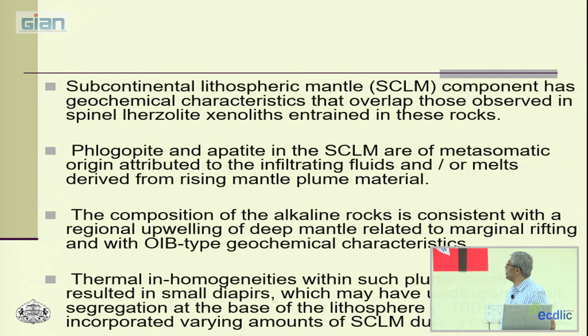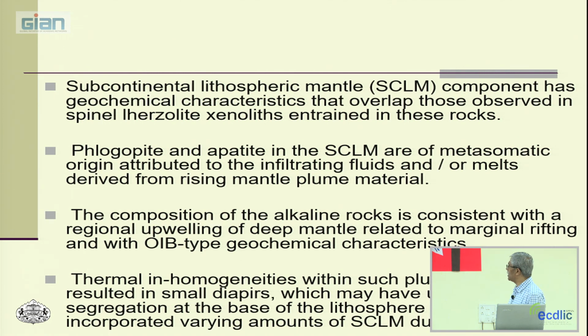So between these two end members, the magma has moved and evolved. The SCLM component has geochemical characteristics that overlap those observed in spinel lherzolite xenoliths entrained in these rocks. Phlogopite and apatite in the SCLM are of metasomatic origin, attributed to infiltrating fluids and or melt derived from rising mantle plume material.